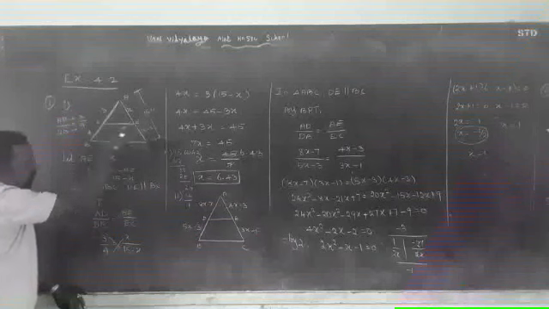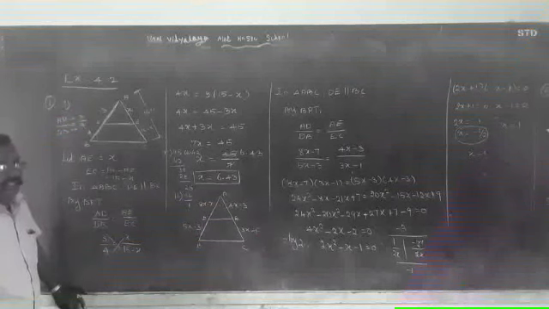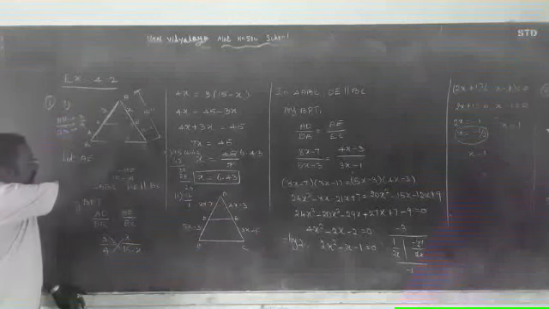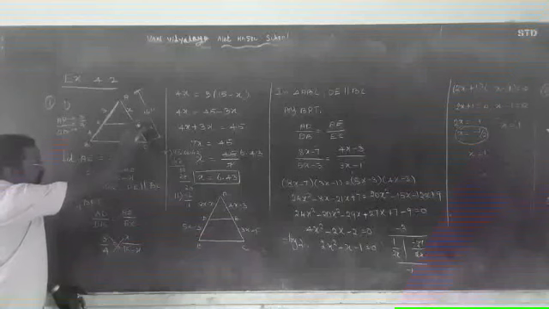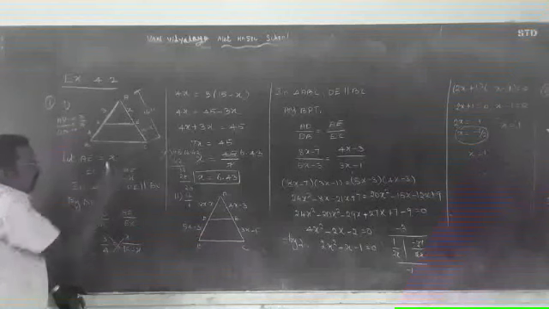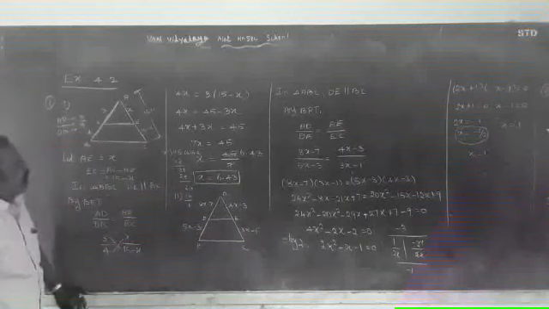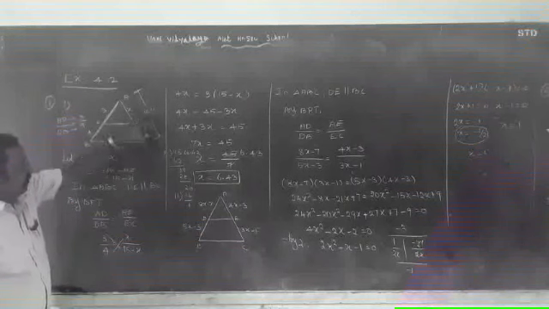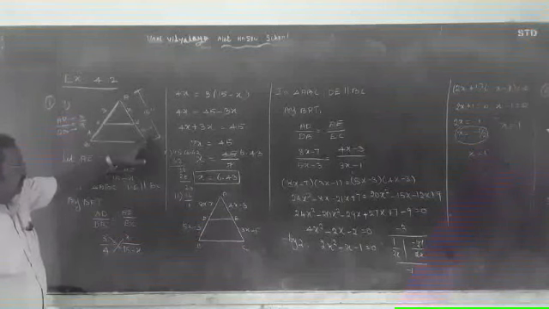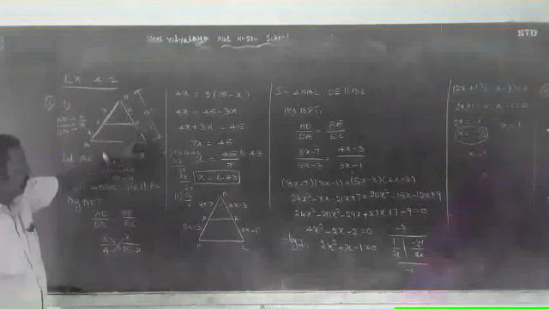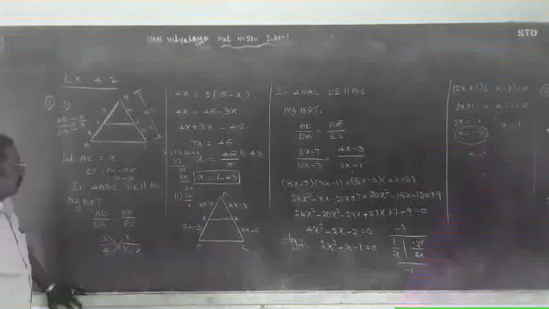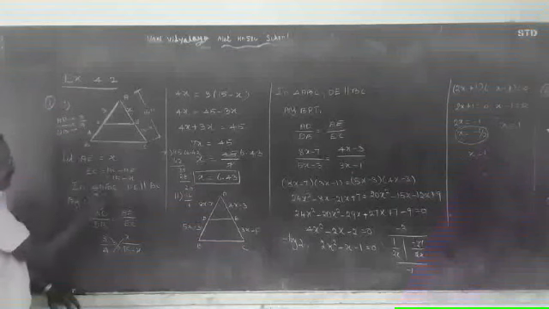Side AC equals 15 centimeters is given. We don't know AE, I take it as X. He asks the question, what is the value of EC? EC we don't know. So EC equals AC minus AE, which is 15 minus X.